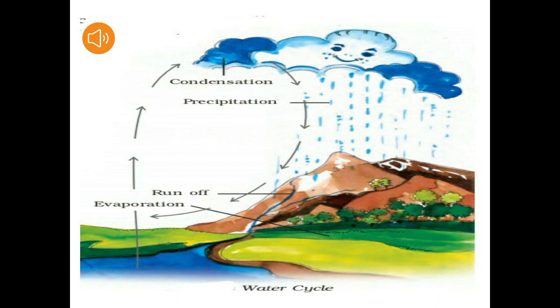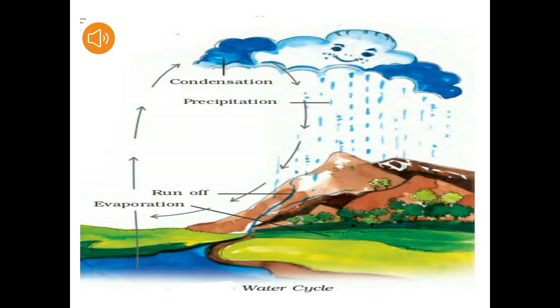When this water comes back to rivers, oceans, seas, etc., it is again heated by the sun and evaporates. Then again it changes into clouds and becomes part of condensation.